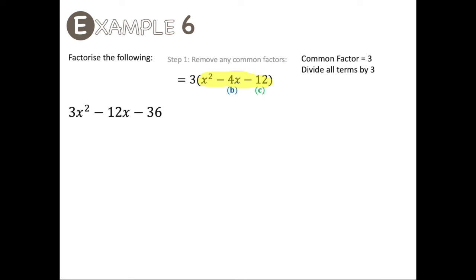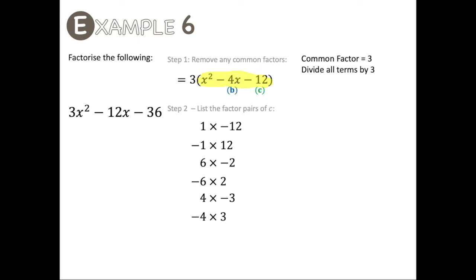So listing all of my factor pairs of negative 12, I'm going to have 1 and negative 12. I'm going to have negative 1 and 12. I'm going to have 6 and negative 2, negative 6 and 2, 4 and negative 3, and negative 4 and 3. So identifying which one of those factor pairs now add up to my B value of negative 4.